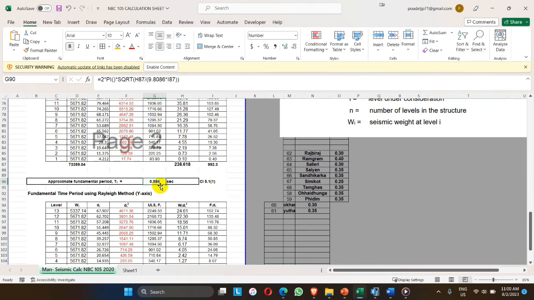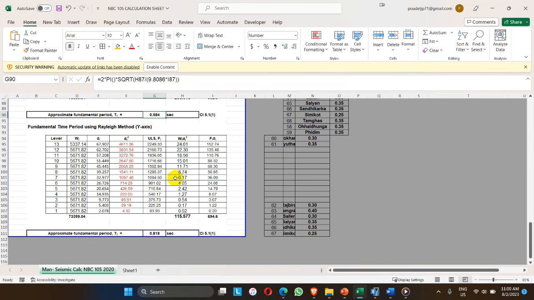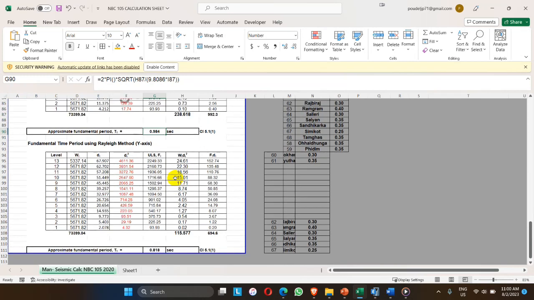So while doing manual calculation, we have to incorporate the lesser time period of the structure to have a little conservative value of the seismic force or seismic behavior of the structure. So these values are accurate. The values obtained from the Rayleigh method are accurate, or near about values, as compared to the empirical method.